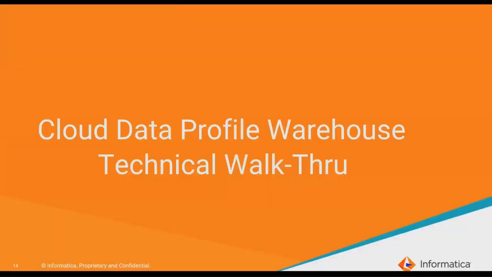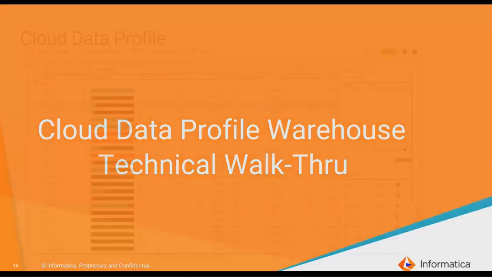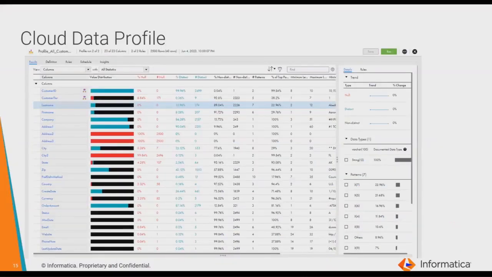So let me give a walkthrough of the Cloud Data Profile Warehouse. Currently we have the profile in Informatica. A Cloud Data Profile looks like this. If we have created a profile in CDP services, it will look like this.